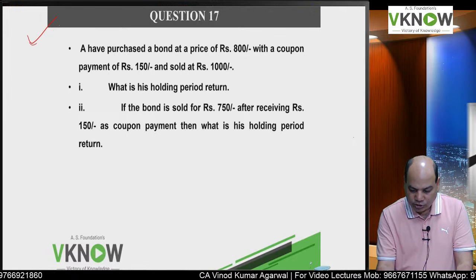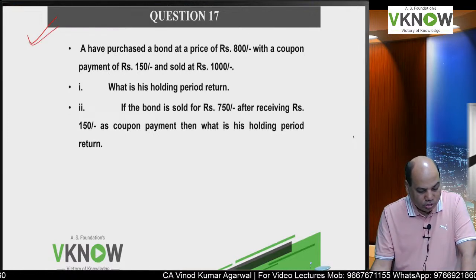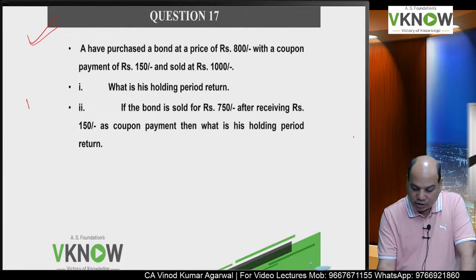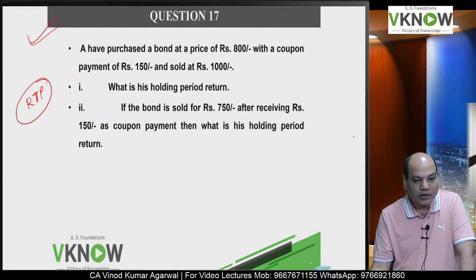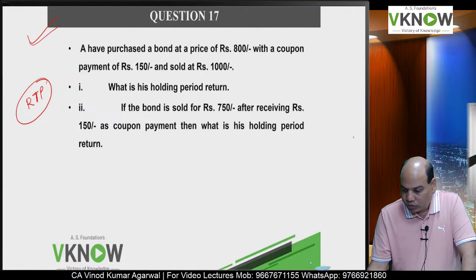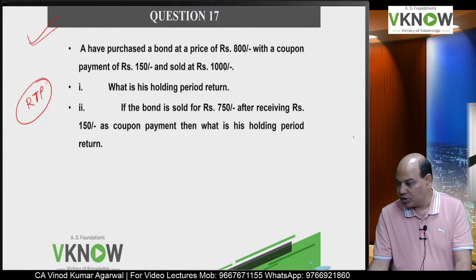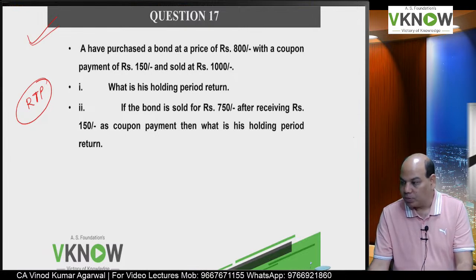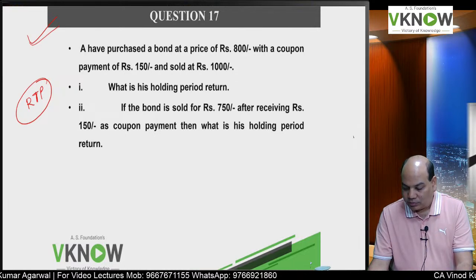So we'll take question 17 which is printed below. This question was asked in RTP long back, but still it was asked in RTP, so it is relevant. A has purchased a bond at a price of rupees 800 with a coupon payment of 150 and sold at rupees 1000. 1. What is his holding period return?